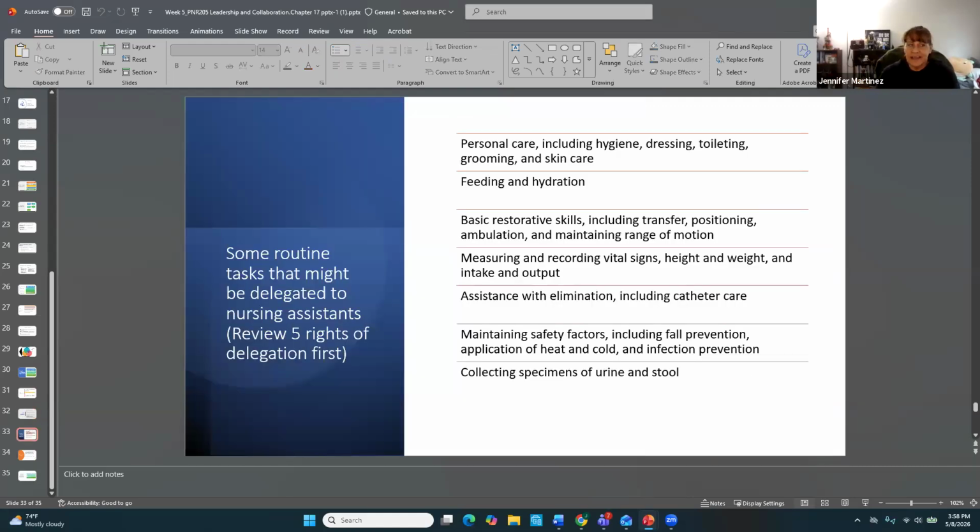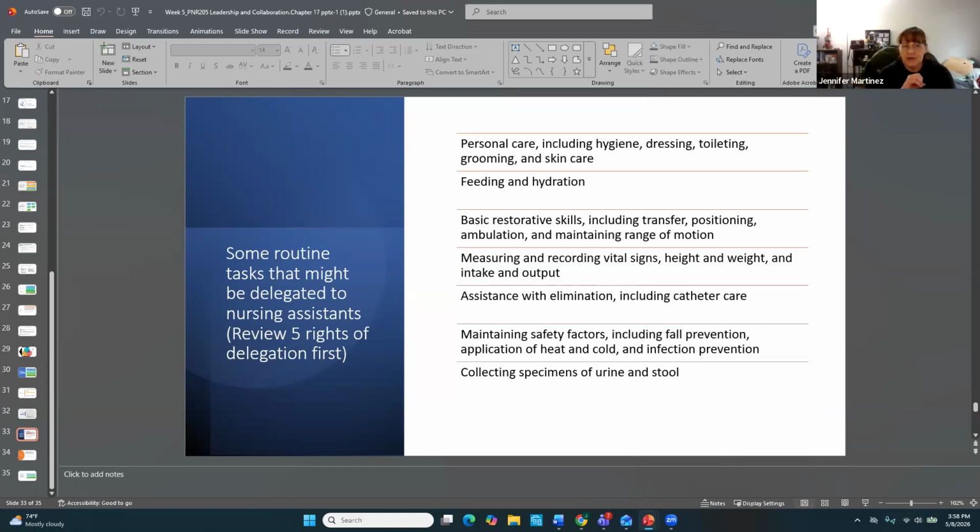So what can we delegate? Okay, so here are some of the things that we can delegate. Personal care. So hygiene, dressing, toileting, grooming, skincare, all of that wonderful stuff. Feeding and hydration.